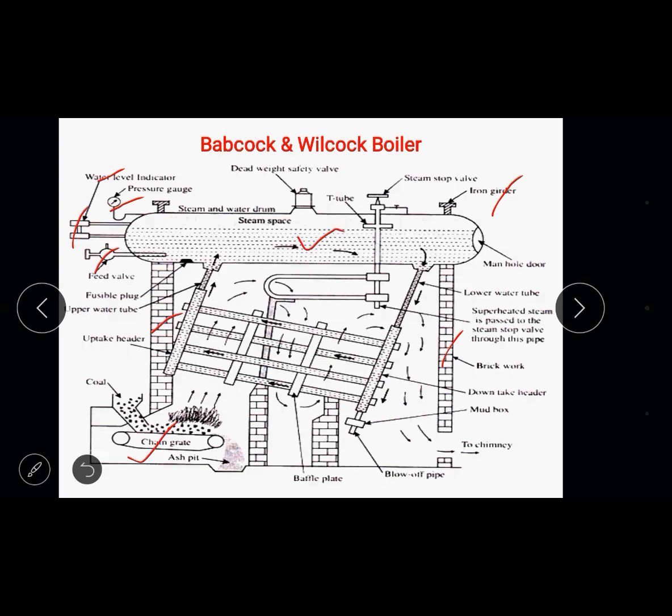As the steam generates, obviously it will have some pressure. The steam pressure should not cross its limit. The boiler drum, whatever material it is made of, will have a certain pressure withstanding capacity. The steam pressure should not exceed this value.